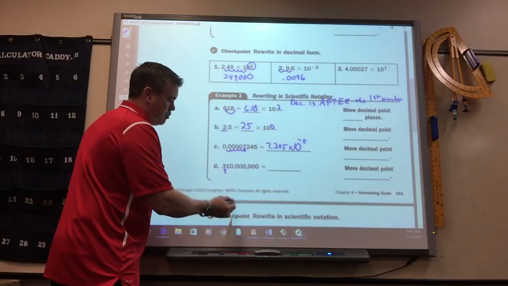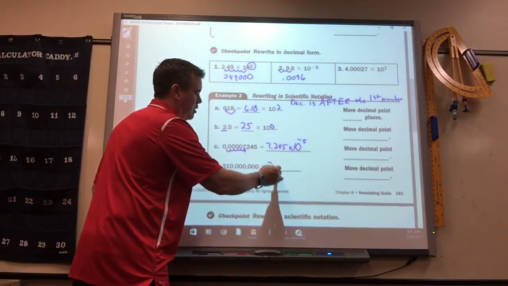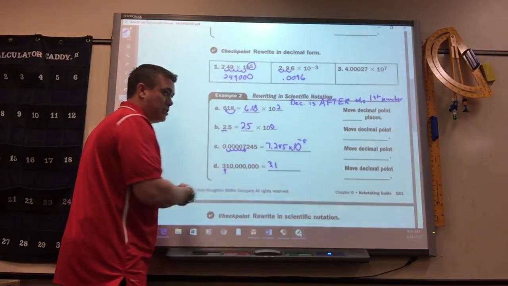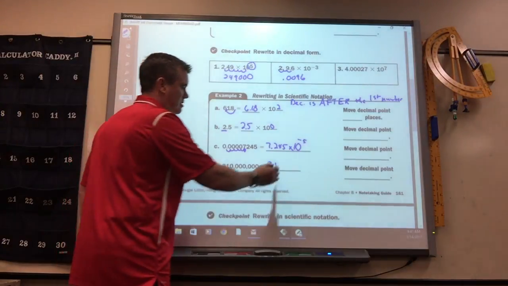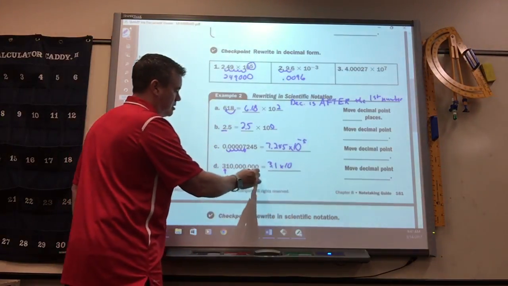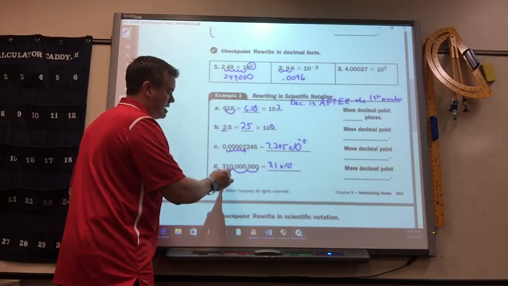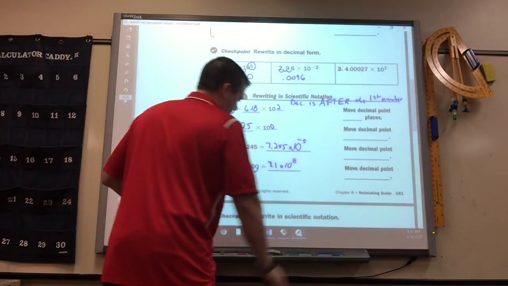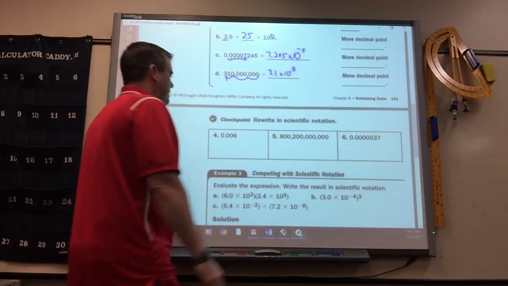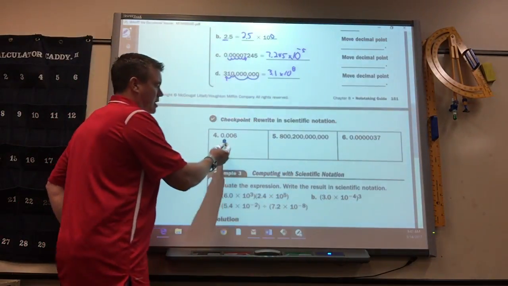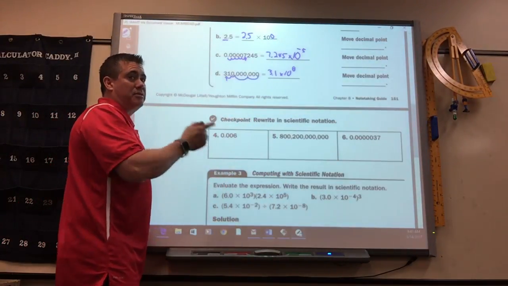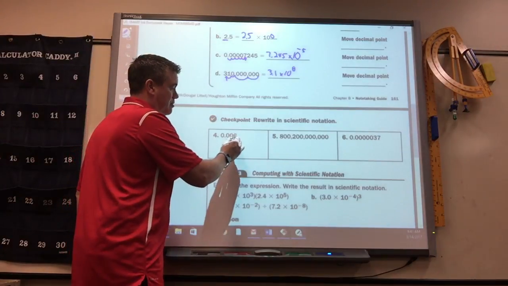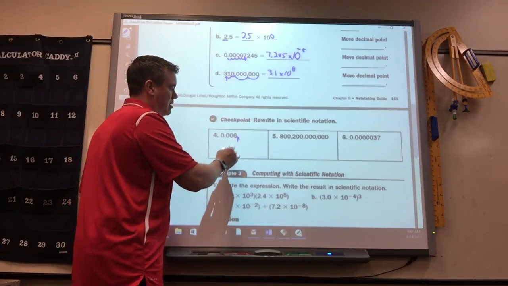So here, I'd move it to there, 3.1. Once you get to where it's all zeros, you can just quit putting the zeros. Times 10 to the, there's 3, 6, 7, 8. Okay, so here, it's got to go after the first number. So here's the first non-zero number, so it's got to go right there.